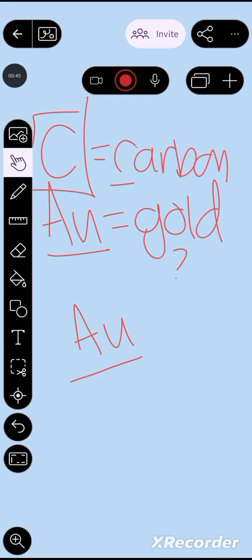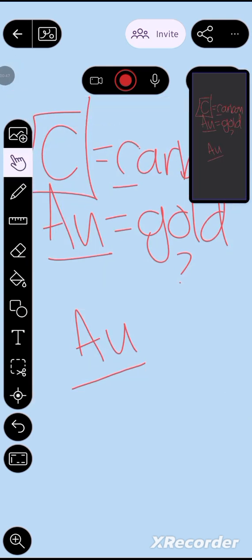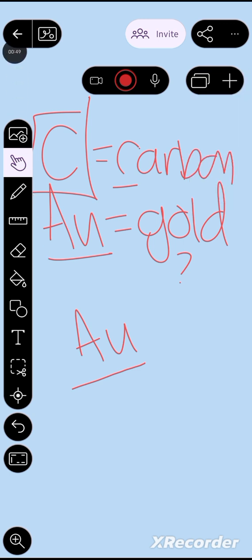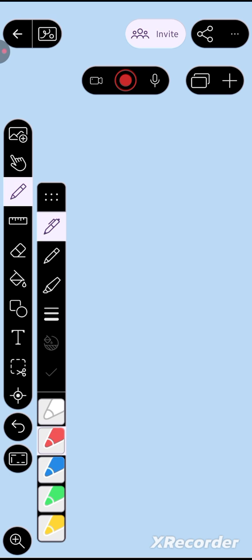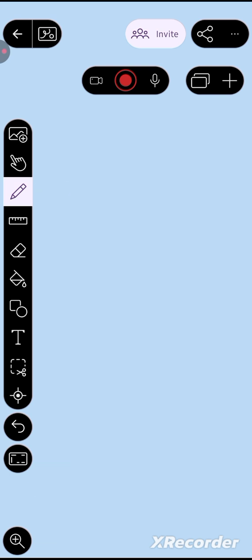So, when talking about atoms, there are differences between an element, a compound, and a mixture. When you have an element, this is when there is only one type of atom.